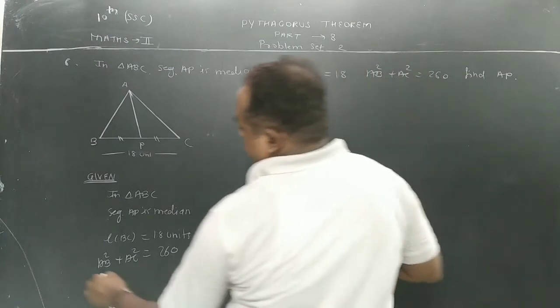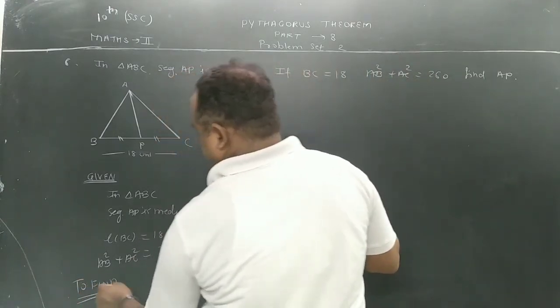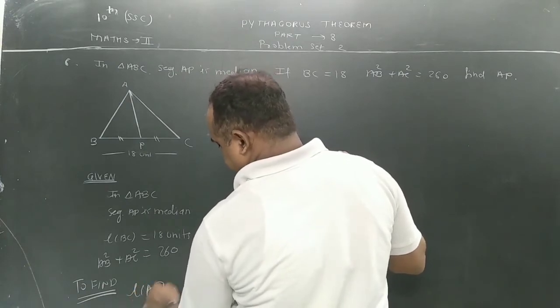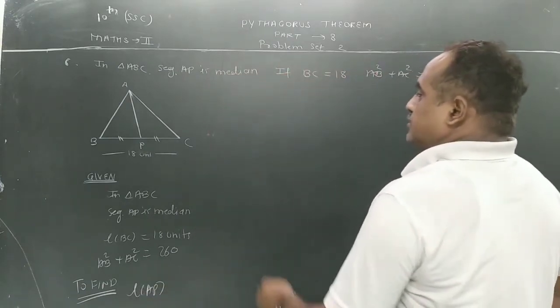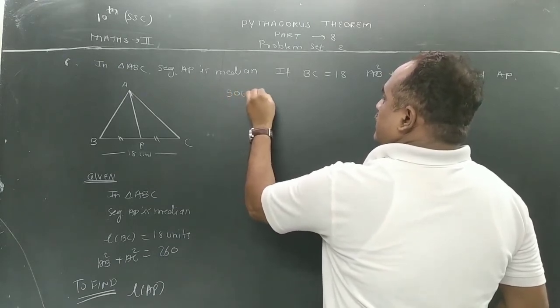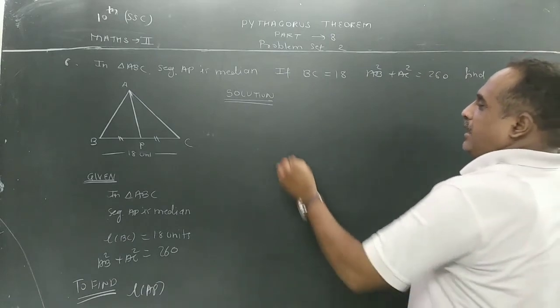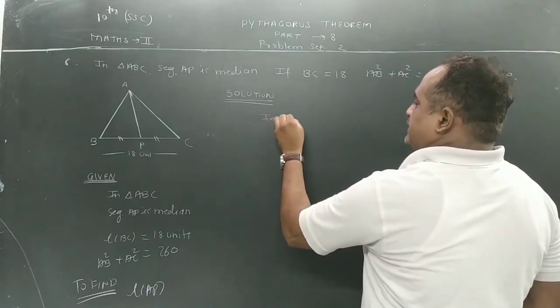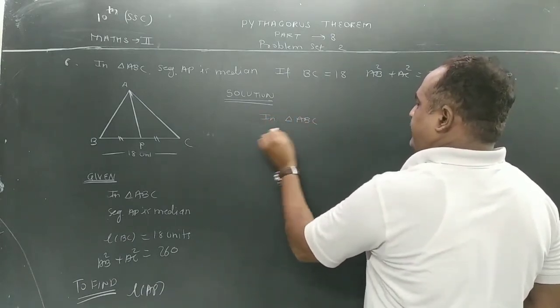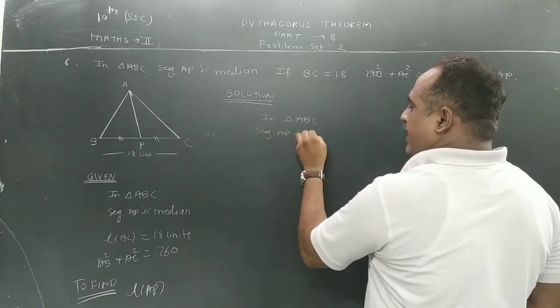What they asked to find? They asked to find length AP. So, I will start now. Solution. In triangle ABC, segment AP is a median.